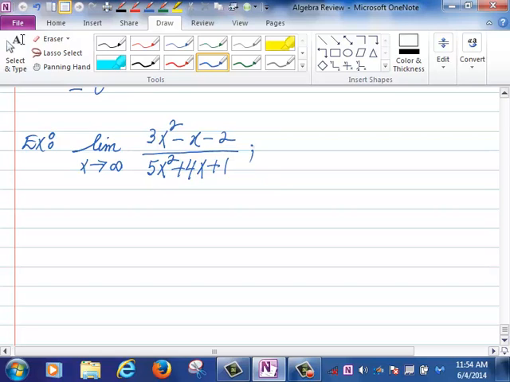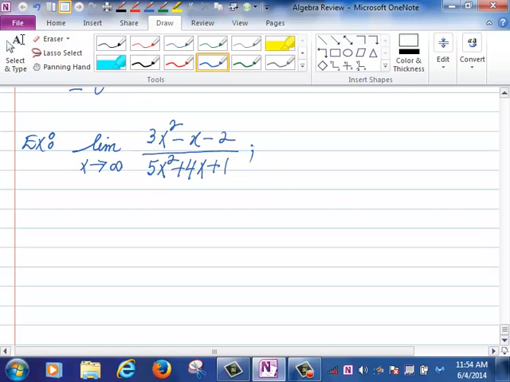Think about this. We are talking about when x is big. When x is big, this guy is the dominating term, right? Because when x is big, x squared is so much bigger than both of these terms, so this whole thing would be very, very big.